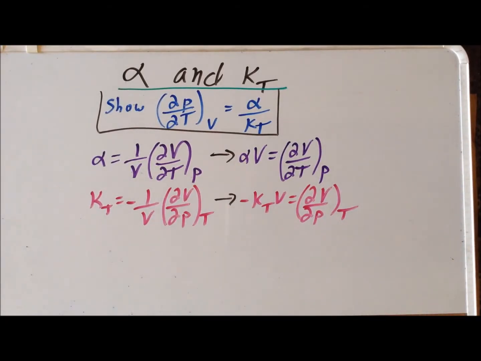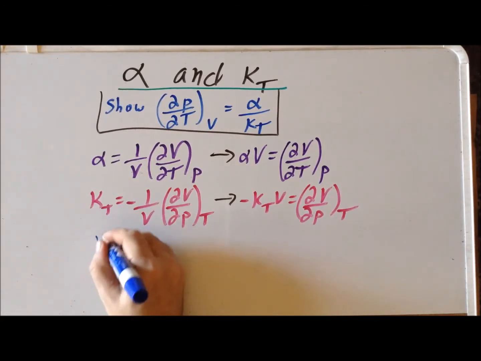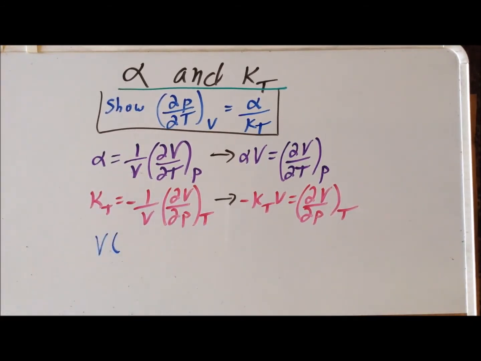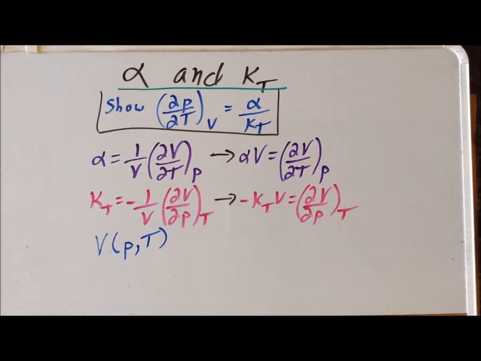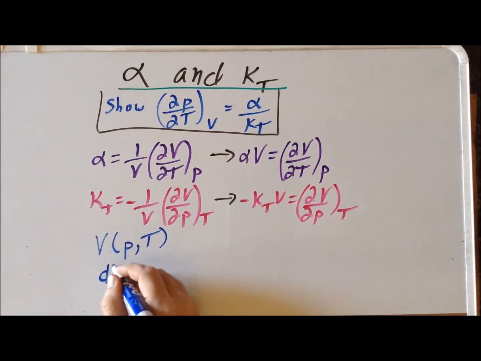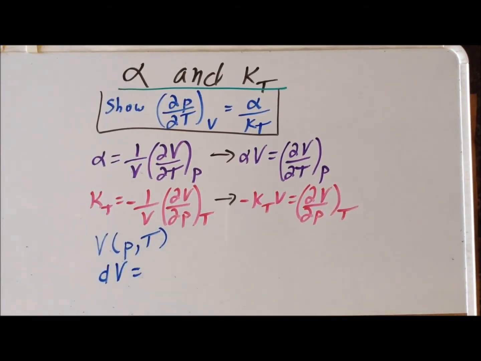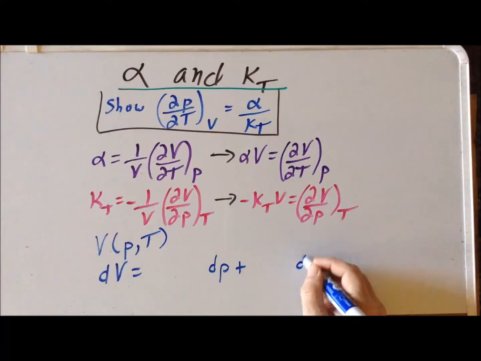The volume of a system can be thought of as a function of the two variables, the pressure and the temperature. Importantly, the volume is a state function, just like the internal energy and the enthalpy. So that means that we can write an expression for the exact differential of the volume in terms of the pressure and the temperature.